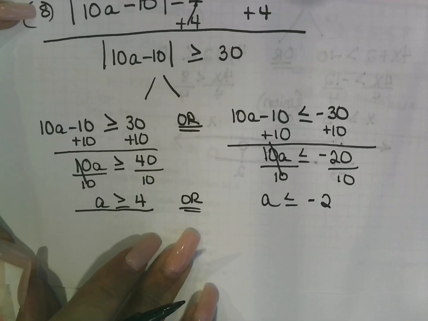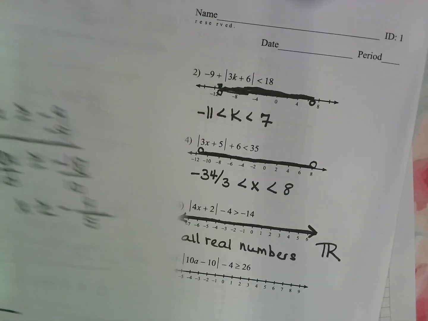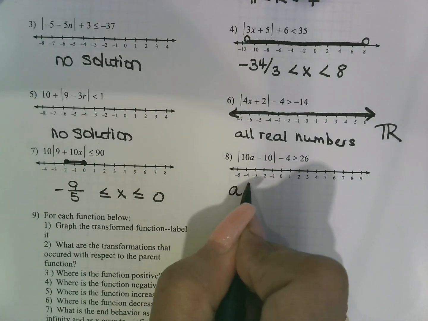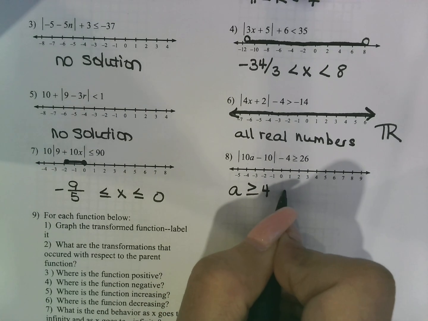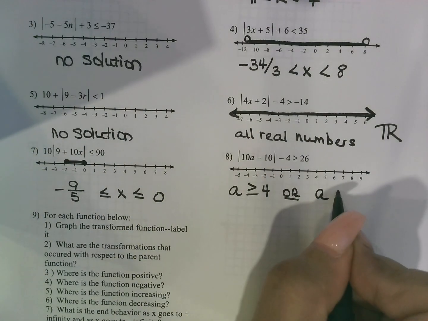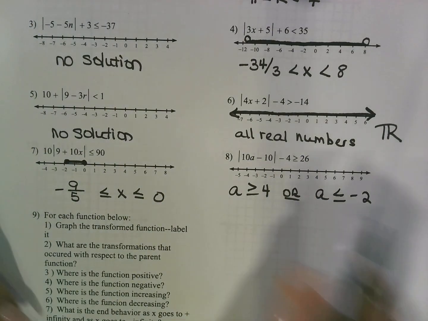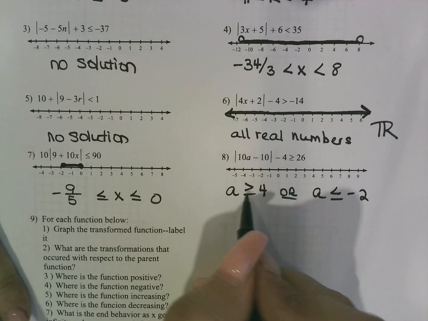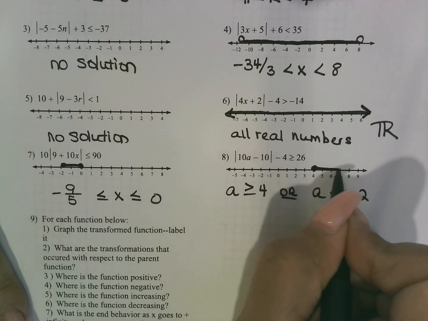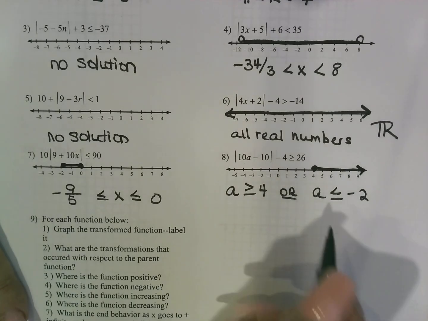Now remember, this is an OR. So let me put it over here. We're going to write a greater than or equal to 4, or a less than or equal to negative 2. So a greater than or equal to 4. 4 is right there. It does include the 4, and it's greater than or equal to.